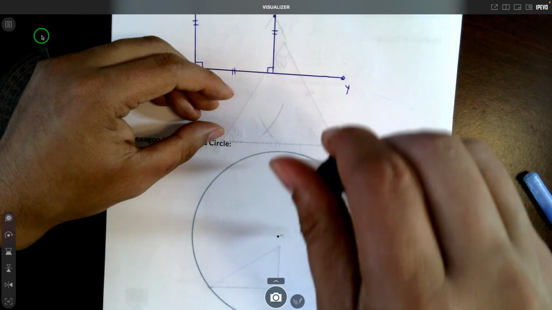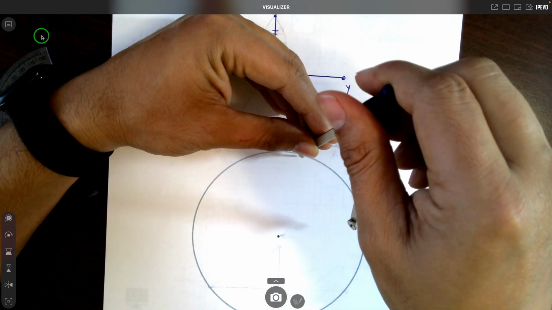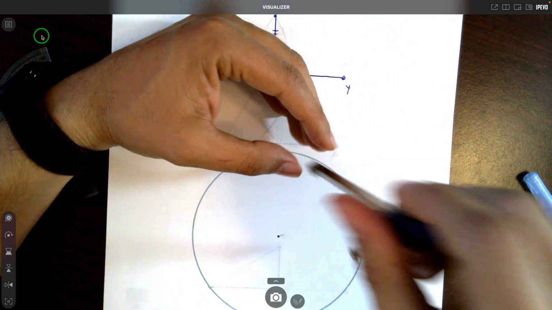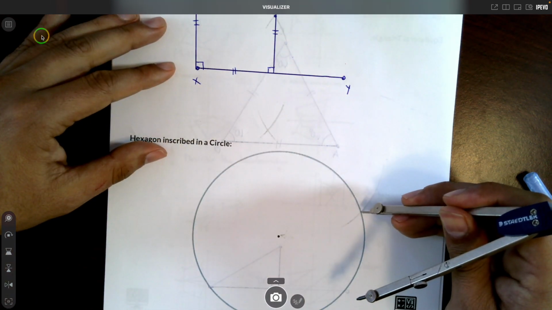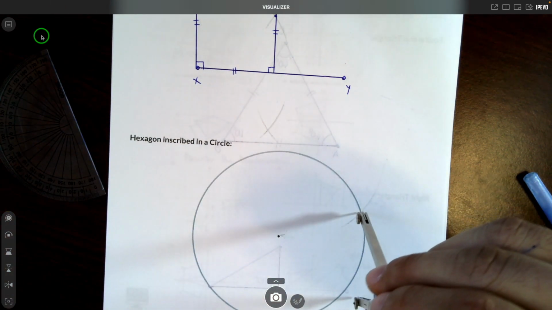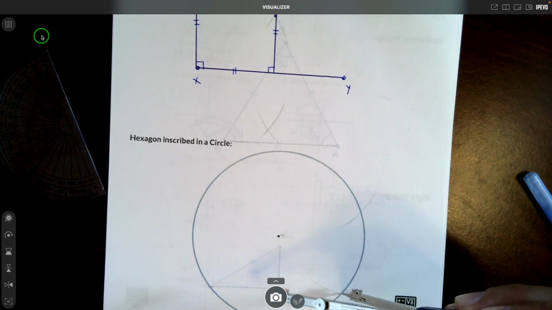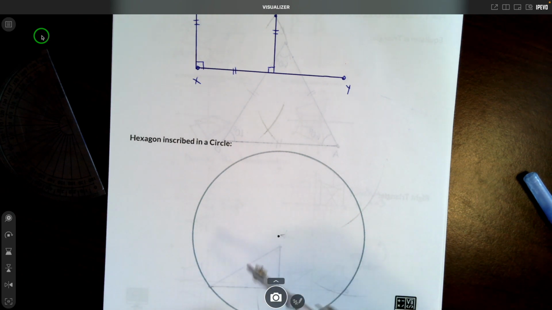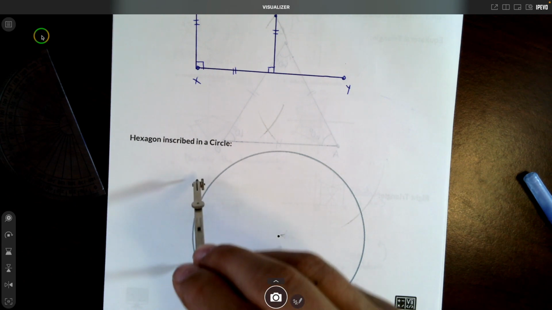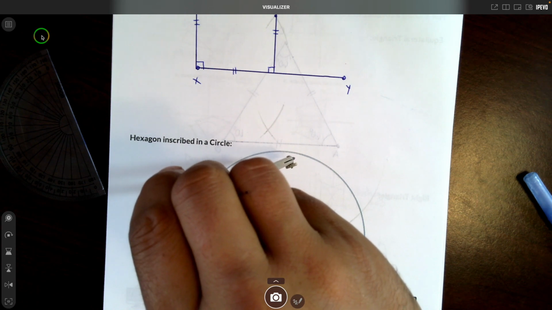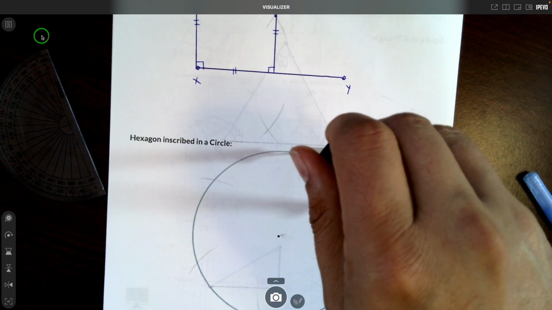So you're going to pick any spot on the circle. You're going to draw an arc. And you're going to keep going to where it intersects. And you're going to keep drawing arcs all the way around. All right, got it.